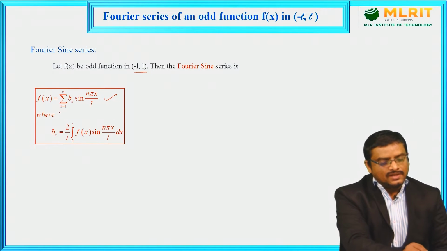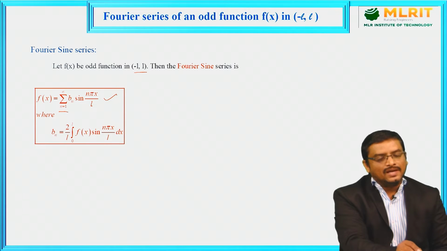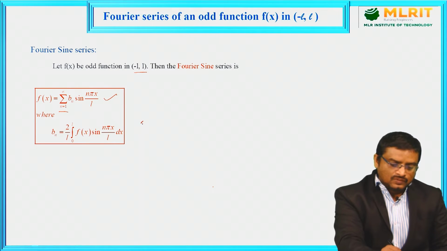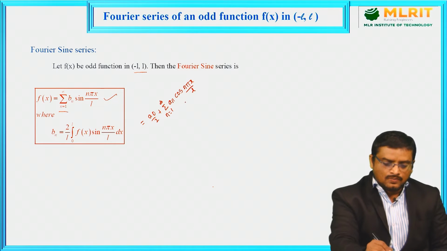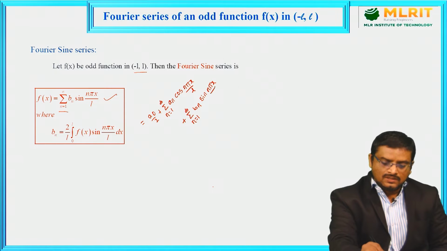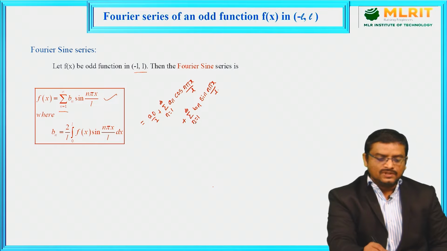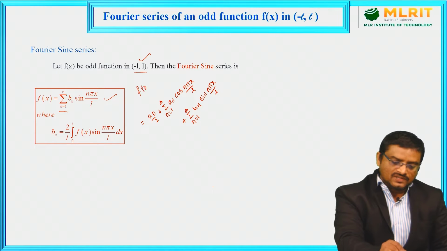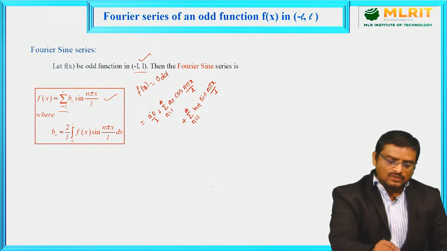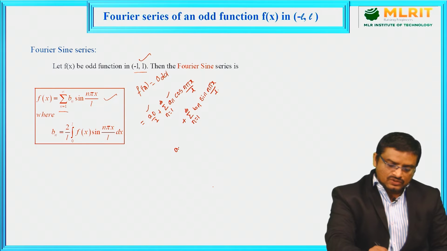So f of x is equal to summation n is equal to 1 to infinity bn sin n pi x by L. Generally we have the formula: a naught by 2 plus summation n is equal to 1 to infinity an cos n pi x by L plus summation n is equal to 1 to infinity bn sin n pi x by L. This is our general formula to find the Fourier series, but whenever we have the interval minus L comma L and the function f of x is an odd function, the a naught value and the an value become zero.